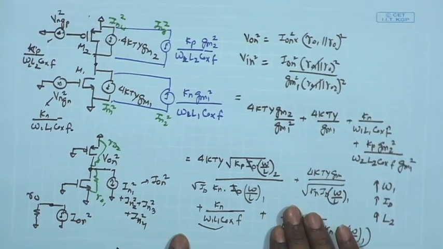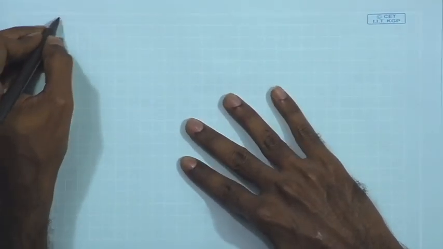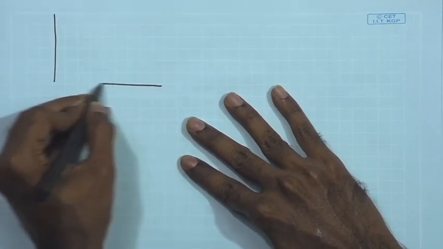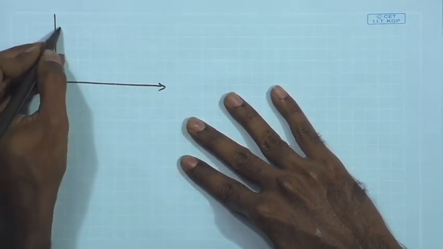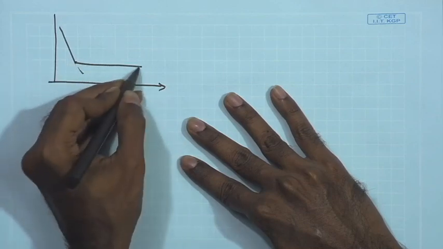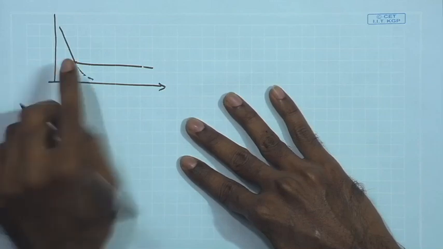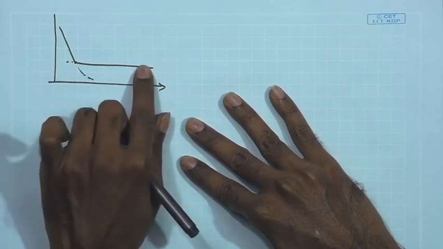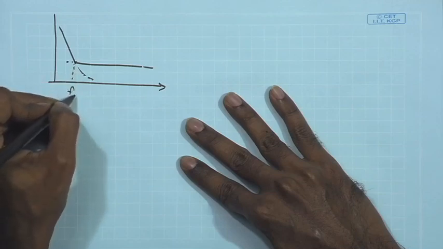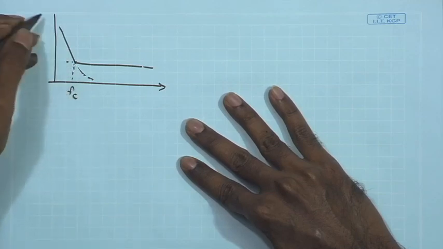As a result, if we want to look at the corner frequency, it is the intersection of this 1 upon F curve and the white noise curve. So, as we go towards higher frequency, the 1 upon F goes down, as a result its magnitude diminishes, and therefore the white noise becomes dominant, and this is the frequency Fc or the corner frequency below which the 1 upon F noise term becomes very significant.